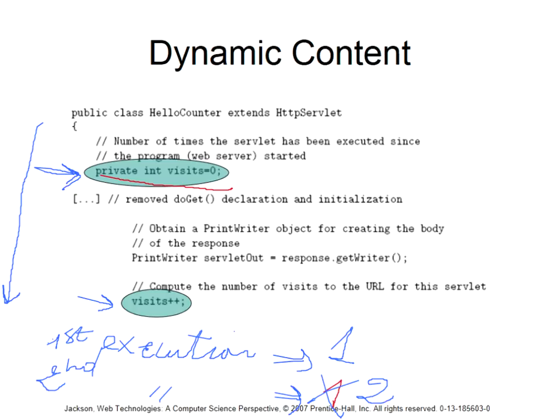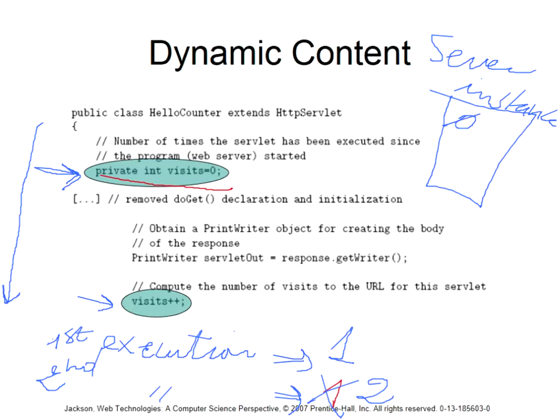Yes, why will we obtain 2? Because in the servlet, the server creates only one instance of the servlet, one object. So for the first execution, the number of visits is 0, will be 1. After that, for the second execution, we will execute only doGet.